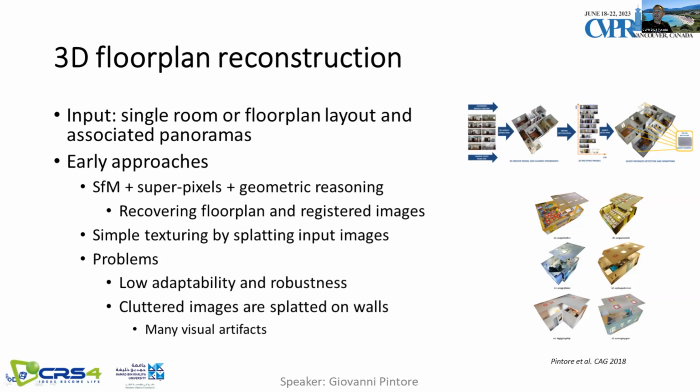And also the visual 3D scene is obtained by splatting the clutter and objects and things that are not represented in the 3D models, and as a result, we obtain many visual artifacts in our textured model.